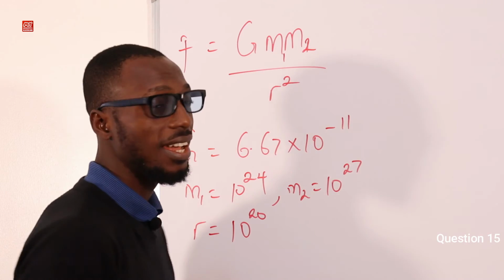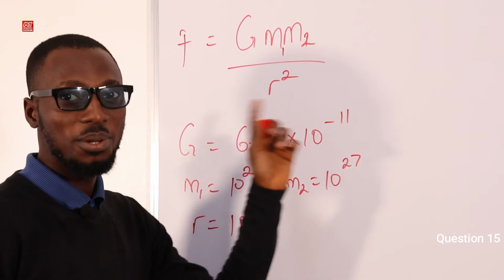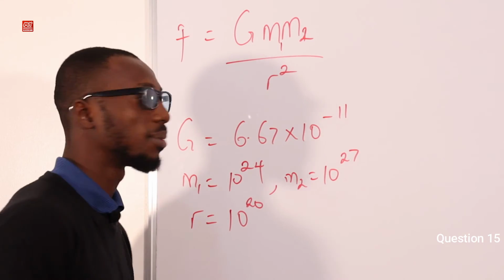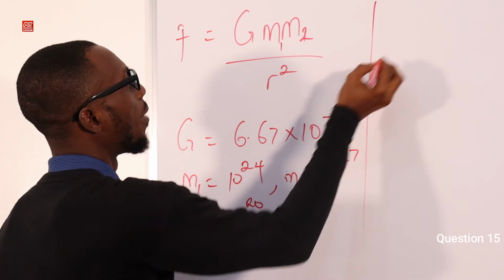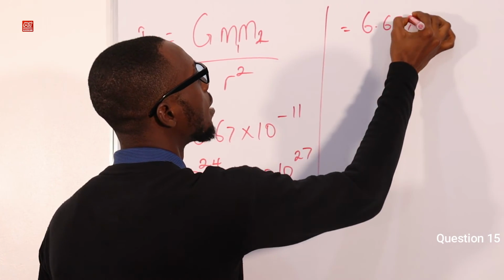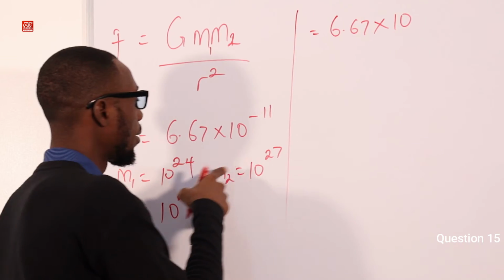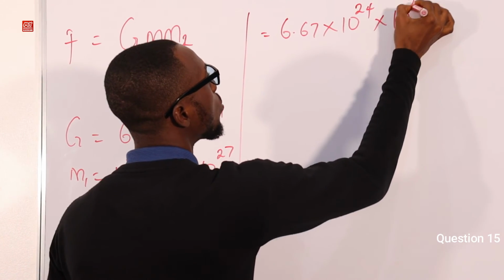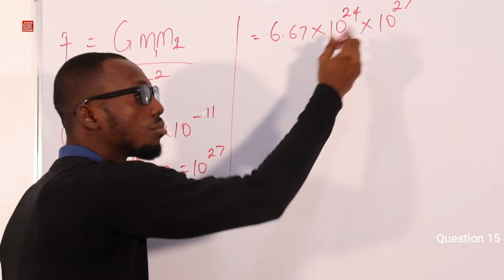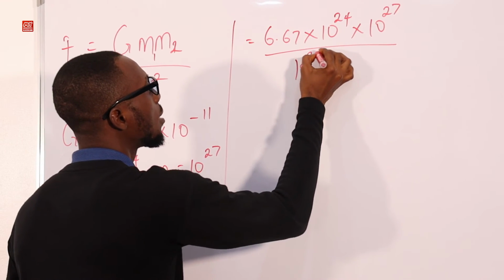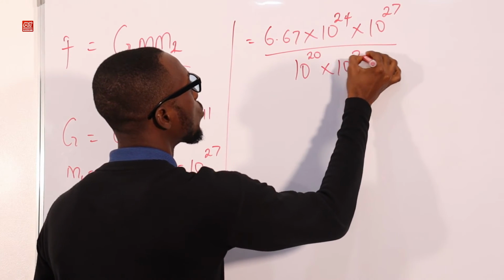So I do not really deal with the units because we are trying to provide a solution as quickly as possible. So we have the gravitational constant 6.67 times 10 raised to the power minus 11, times m1, 10 raised to the power 24, times m2, 10 raised to the power 27, over r squared, that is 10 raised to the power 20 times 10 raised to the power 20.